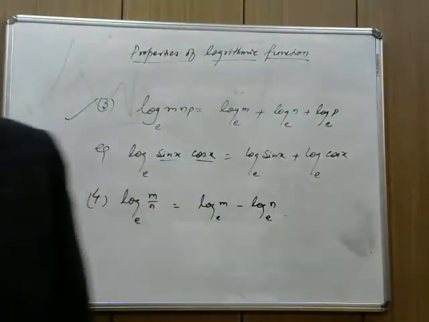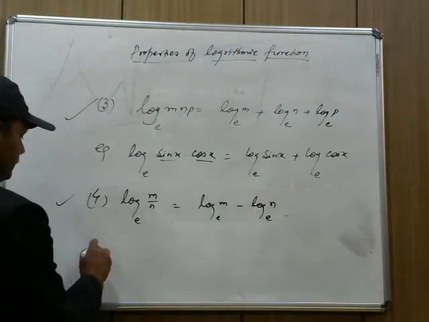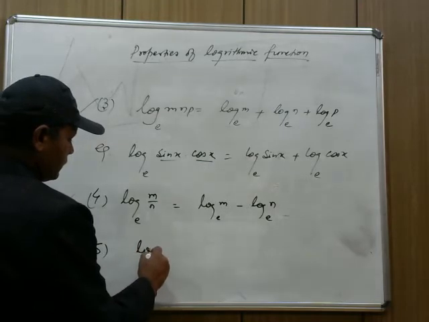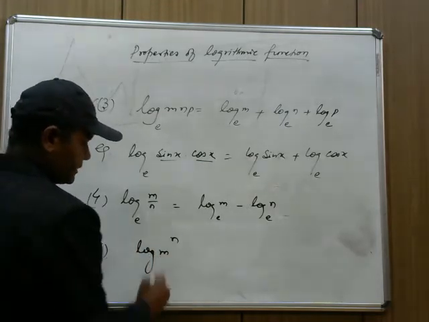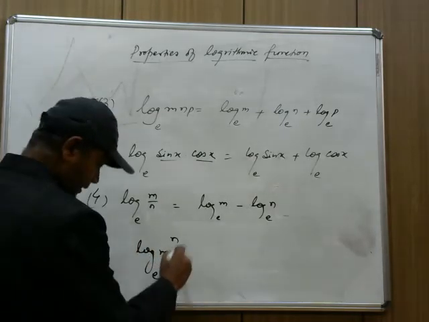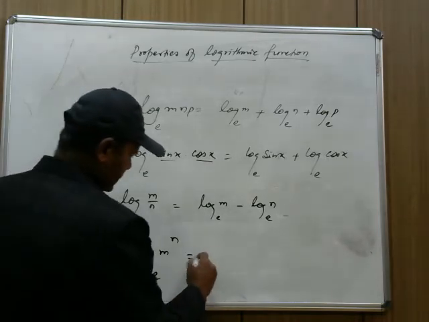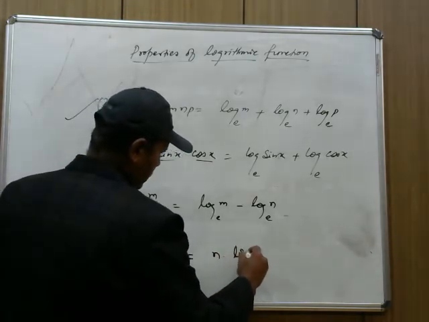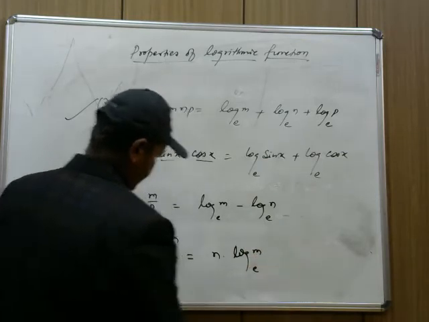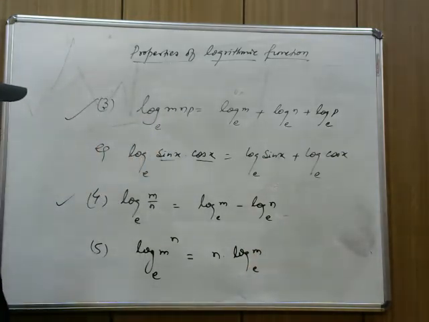And the last one, the fifth property: log of m to the power n, having base e or anything, we write n into log of m to the base e, right?